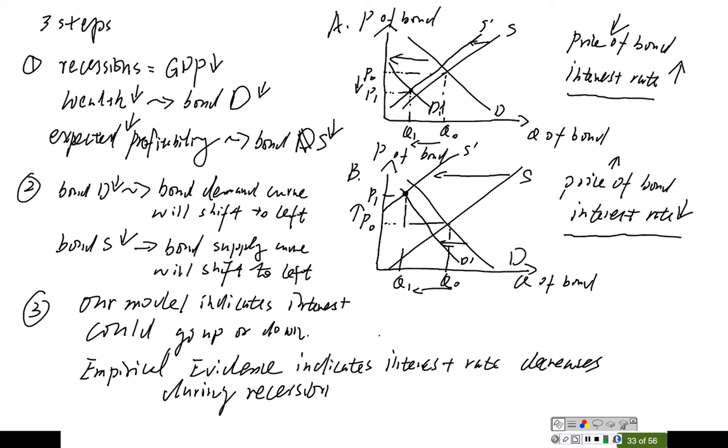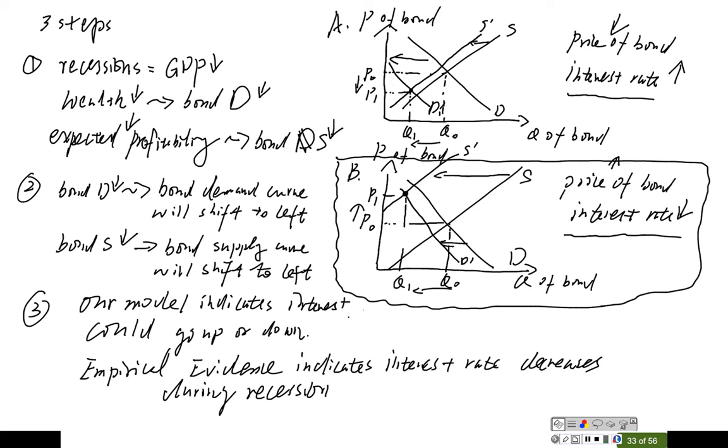Which means empirical evidence supports the second scenario here, B. Which means the bond supply curve will shift to the left more than the bond demand curve. Which means, again, the supply of bonds will reduce a lot compared to the reduction in bond demand. So that's the reason it will push up the bond price and lead to the interest rate reducing.